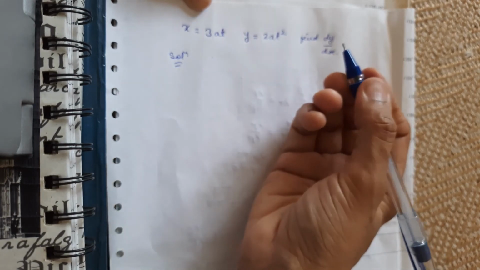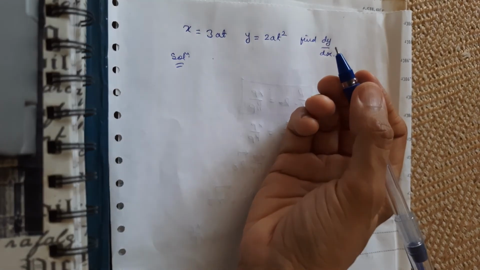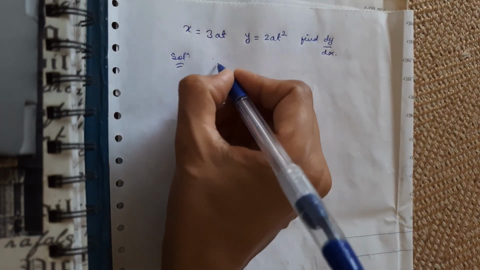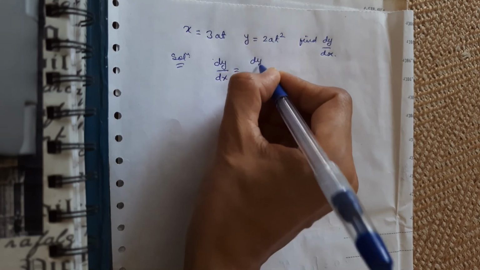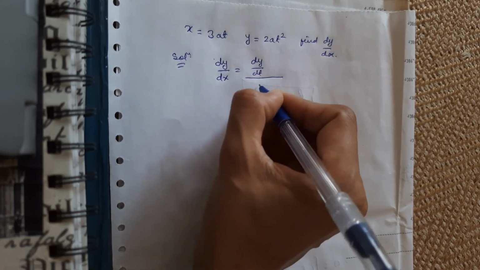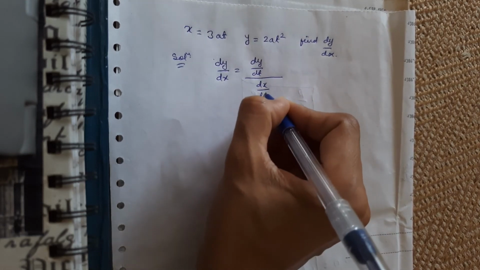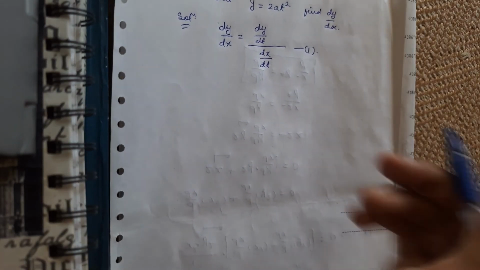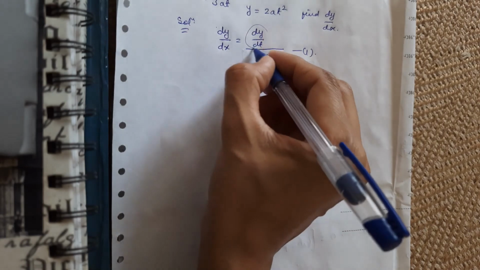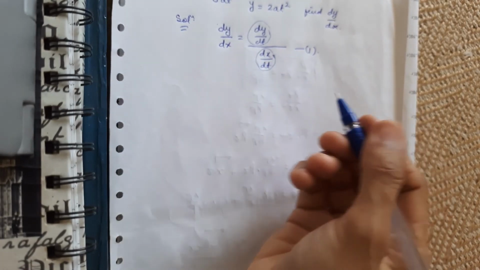It is a parametric function. As soon as you observe that it is a parametric function, you write that dy by dx is given by dy by dt upon dx by dt. This is equation 1. Now separately find dy by dt and dx by dt.